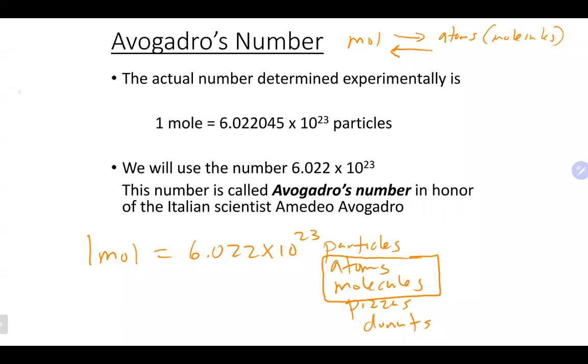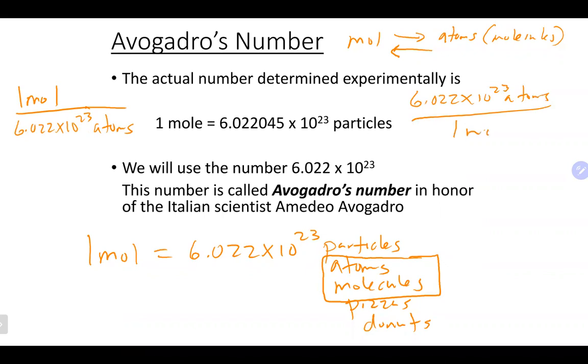You could say, like a fraction, 1 mole up on top and Avogadro's number on the bottom, or, like any other conversion factor, you could flip it around and put Avogadro's number up on top and 1 mole on the bottom. So we really use it as a conversion factor to go between those 2 units.